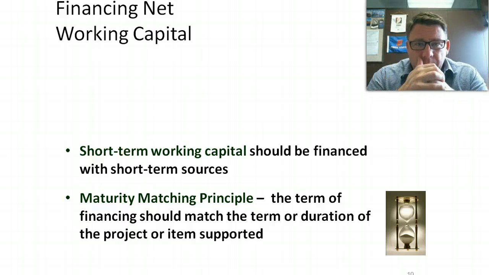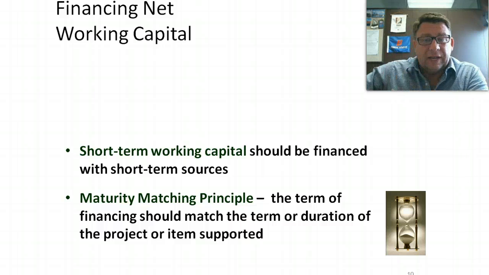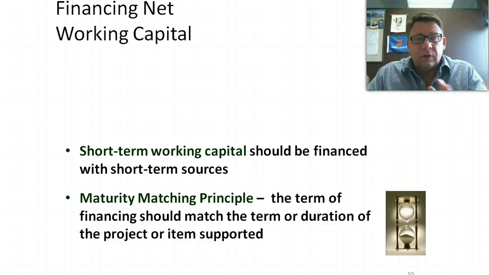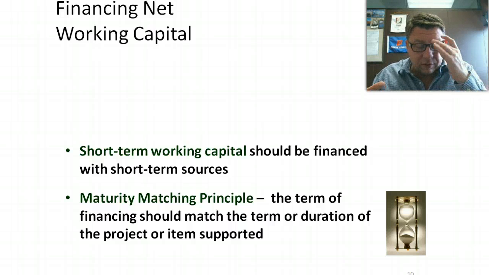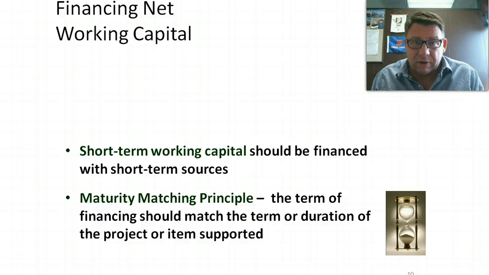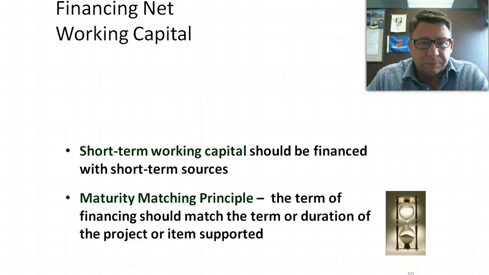What companies are trying to avoid is taking out a long-term loan to pay payroll on time. It's not illegal to do that, but that is a business that might have trouble staying in business. So if we have payroll requirements, we want to use short-term funding to meet those.